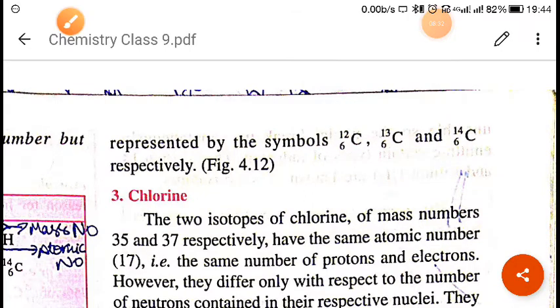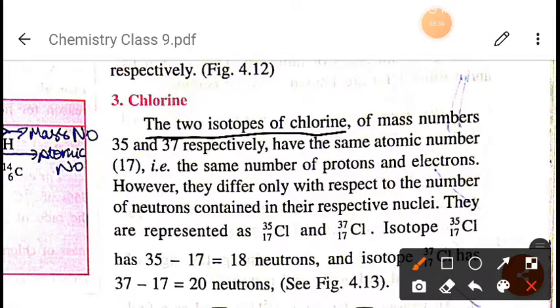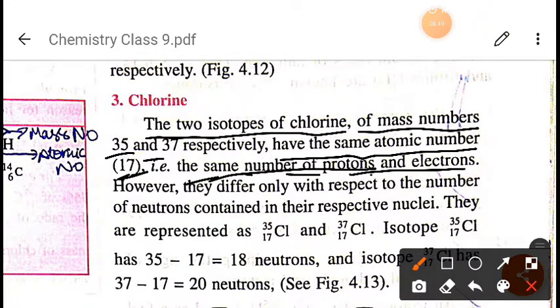Now again, when we talk about chlorine, there are two isotopes of chlorine with mass numbers 35 and 37 respectively, and they have the same atomic number 17. However, they differ only with respect to the number of neutrons.